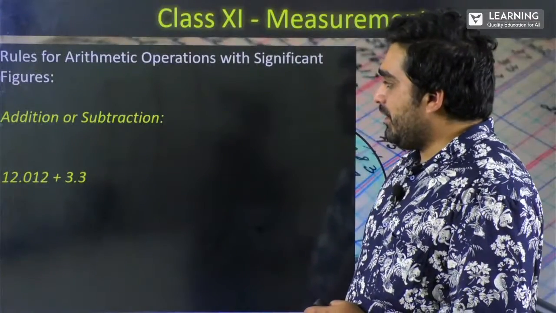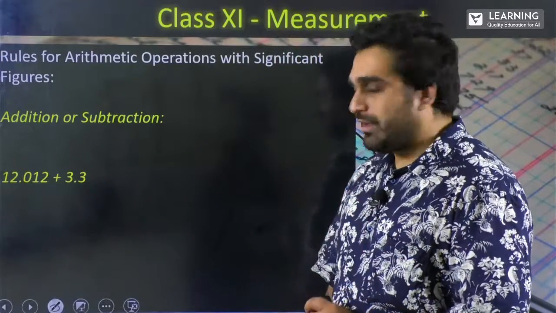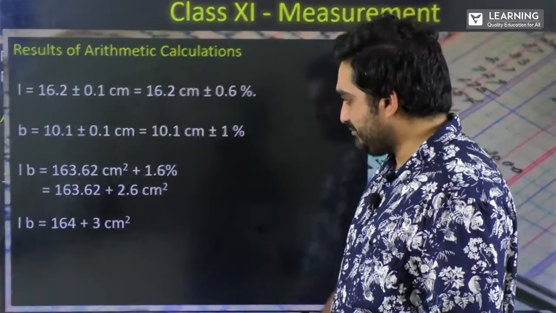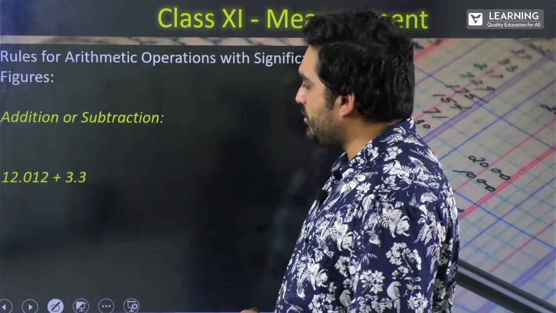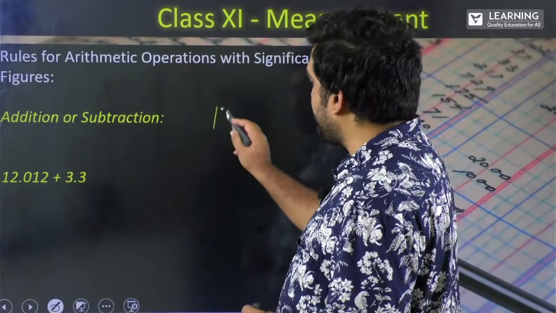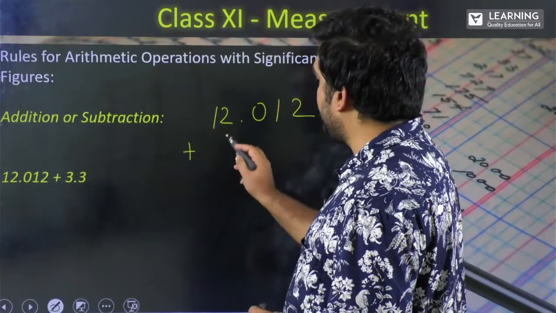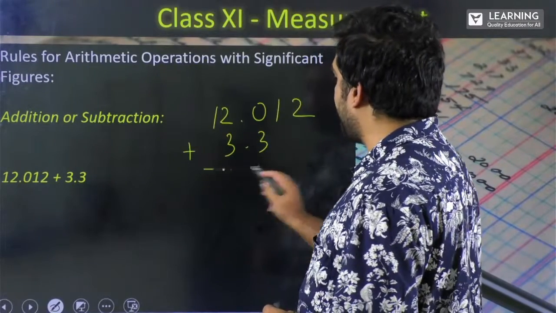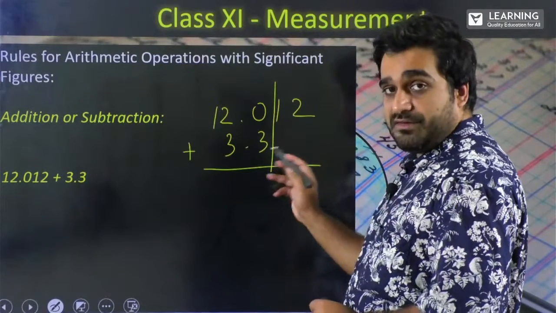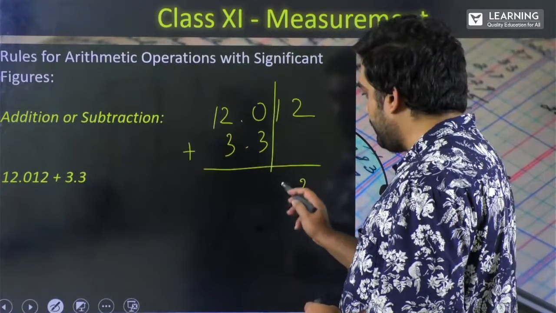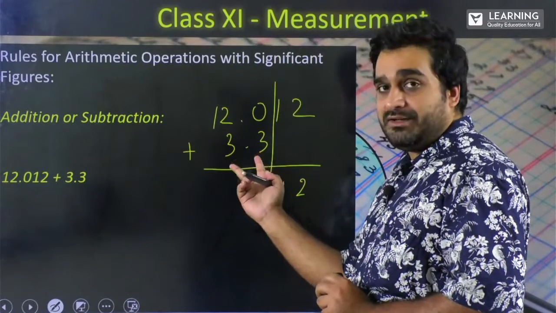Okay. Now moving on to the next operation, which is addition or subtraction. Quick look at this addition. First addition, 12.012 plus 3.3. So you can write that here, 12.012 plus 3.3. Add the 2. Since there are no numbers after this, we still write it down, but the significant figures are restricted to only 2.